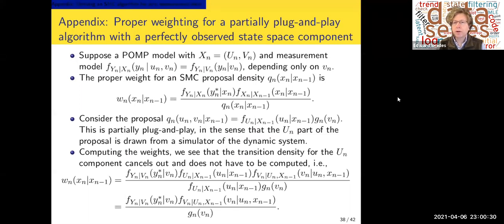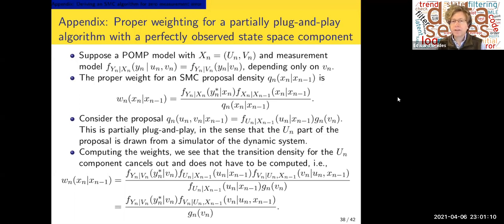You could move them according to an arbitrary density q, but then you would have to reweight appropriately. And so what we have written here is how that reweighting works. The proper weight is the measurement density times the ratio of the transition density to the proposal density. When we do the basic particle filter, we choose q_n to be f of x_n given x_{n-1}. And so the numerator and denominator cancel, and the proper weight is just the measurement density.